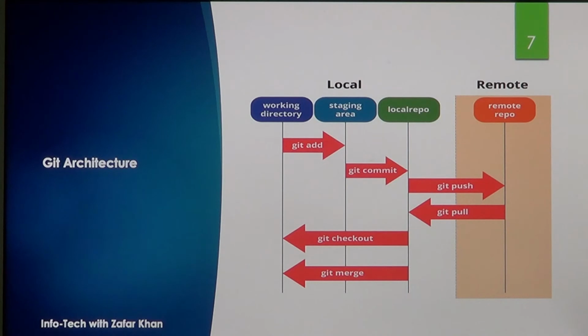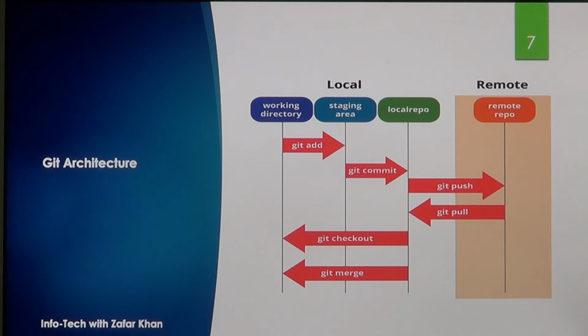Okay, so it must be placed in the staging area. The staging area is basically a temporary location for your files or folders. So before commit, you can easily add or remove files from the staging area.